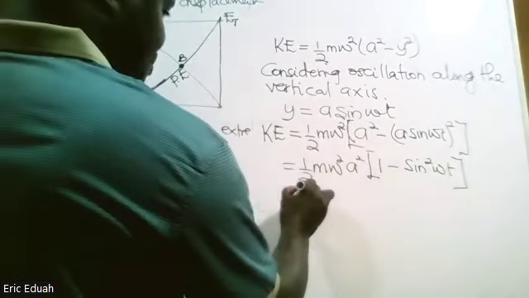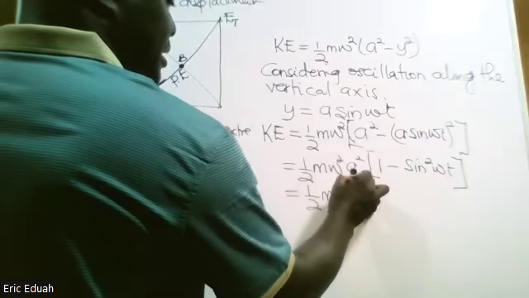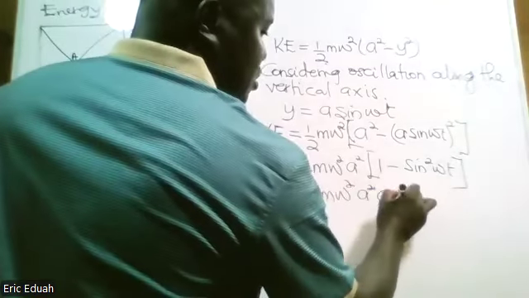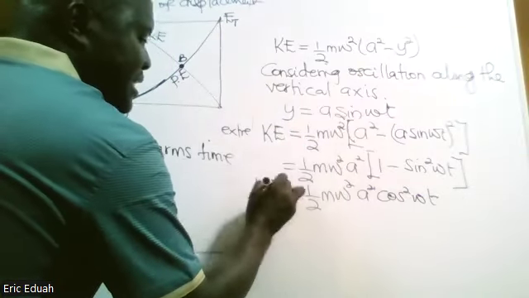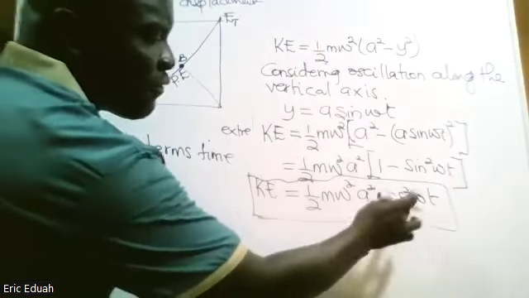So we have half m omega squared a squared cos squared omega t. And this is the kinetic energy formula in terms of time.